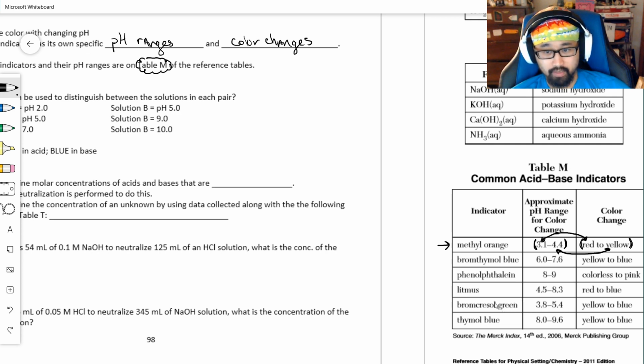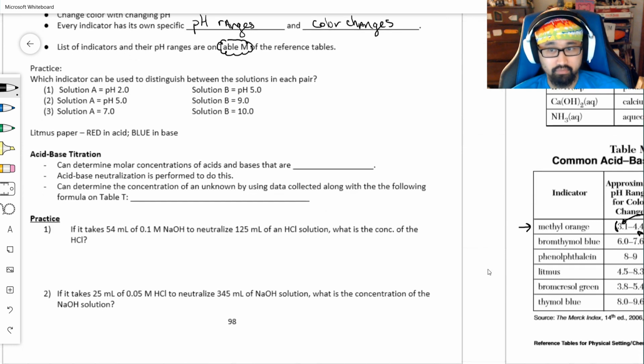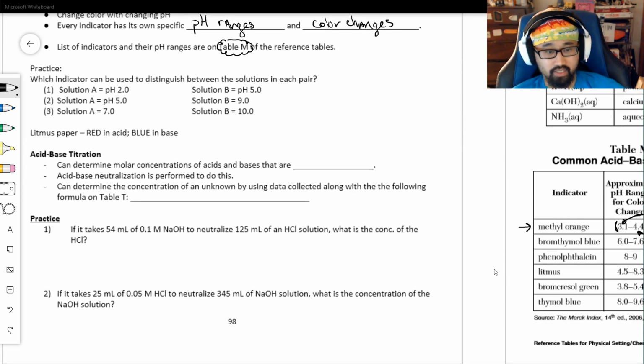I would not be able to use bromcresol green, because both of them would be blue. I could probably use thymol blue, because on the 7, it would be yellow, and on 10, it would be blue, right? But that's how you would look at indicators, and that's how you would be presented with indicators. Right? It's a process.